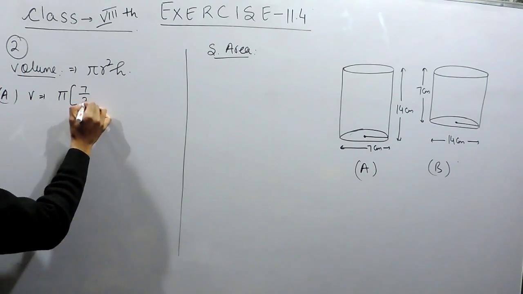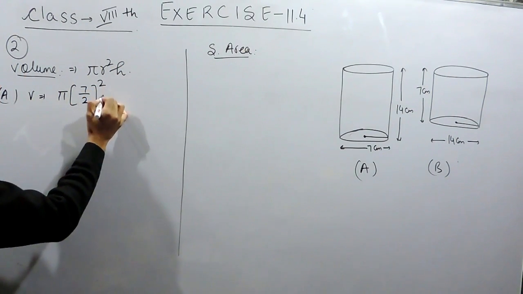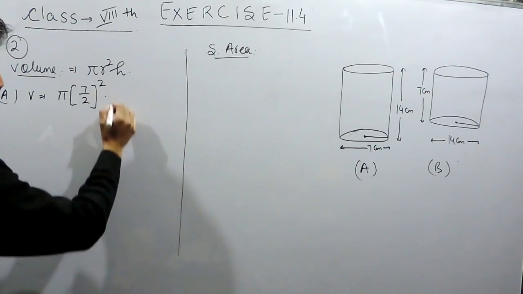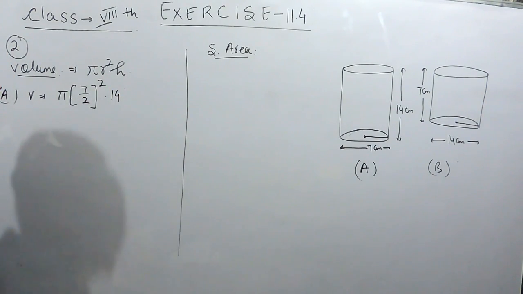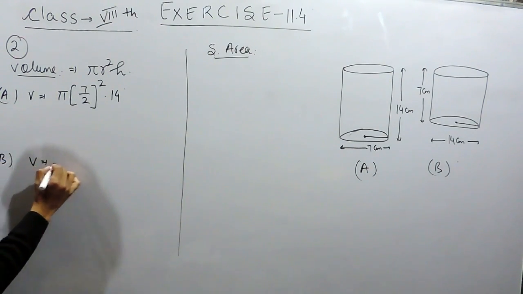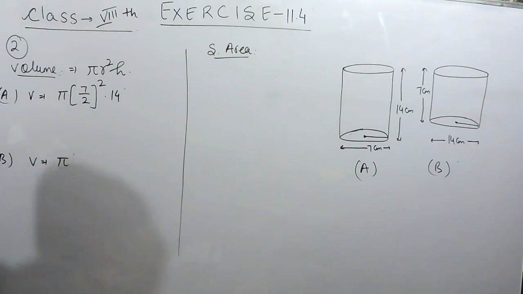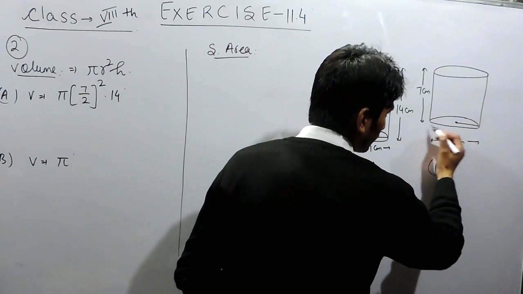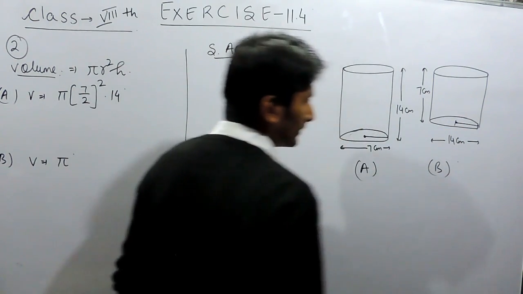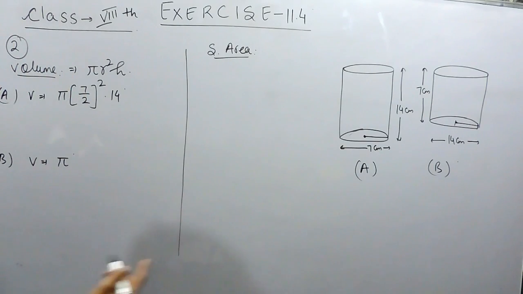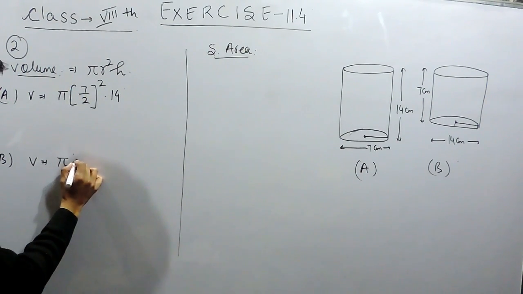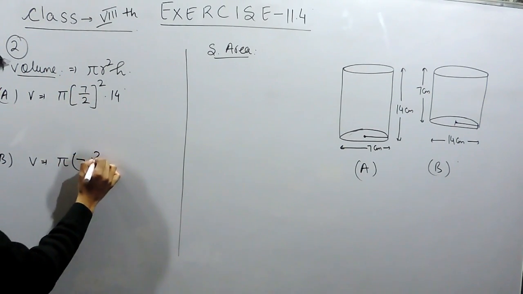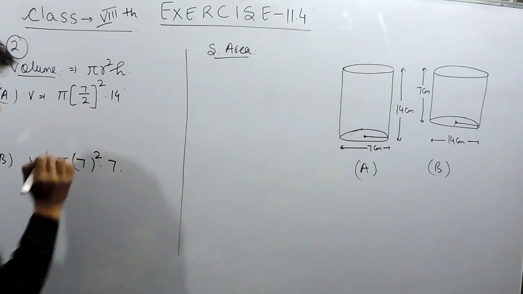So this will be 7 by 2 whole square and multiplied by its height. So this is the volume for first, and if I calculate the volume for second, again it will be pi. Here the diameter is 14, so clearly the radius will be of 7 centimeters. So this will be pi r square into h.